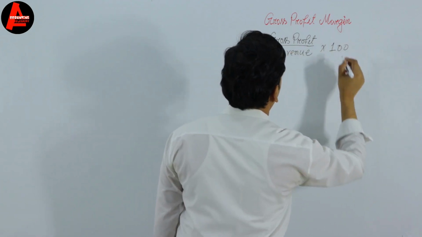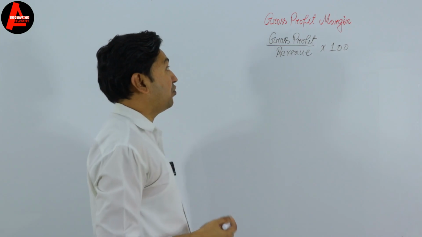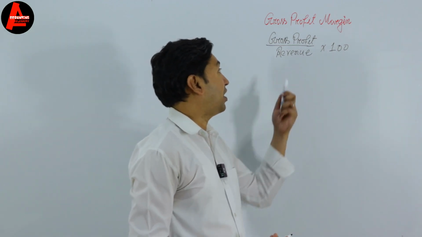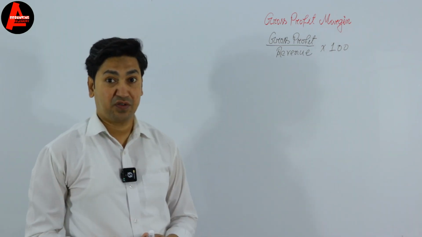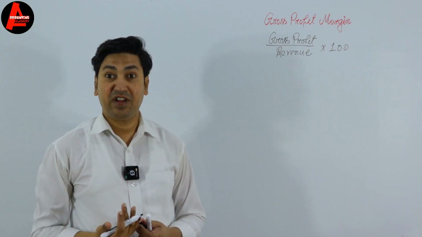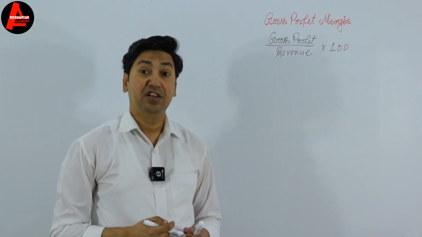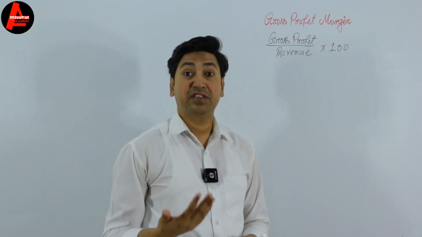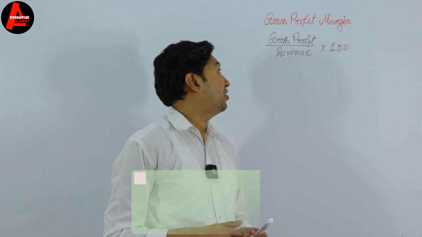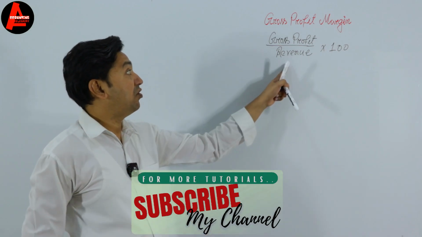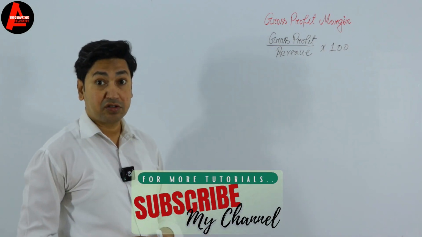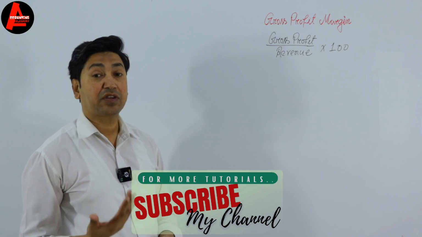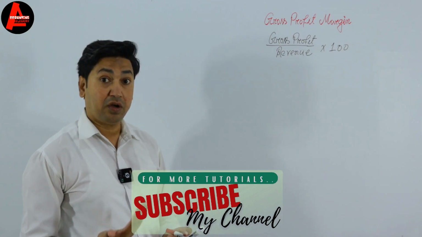On the question we have revenue but we do not have gross profit, so we need to calculate our gross profit. Gross profit equals sales revenue minus cost of sales. We have sales revenue but we don't have cost of sales, so we have to calculate our cost of sales.